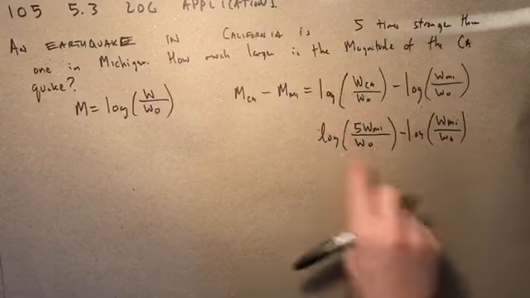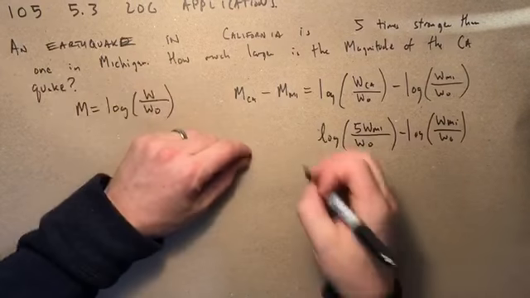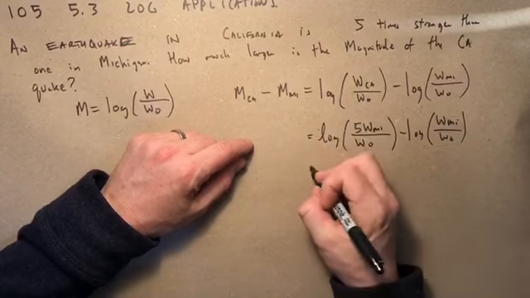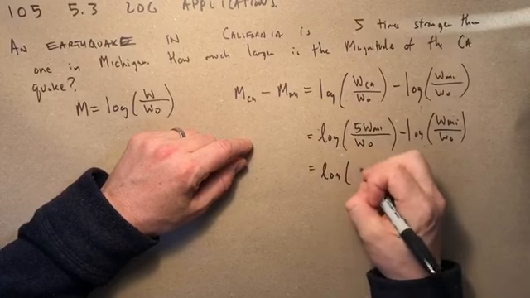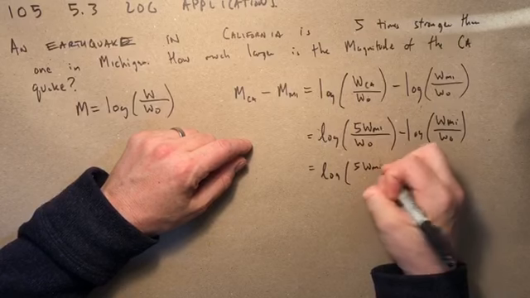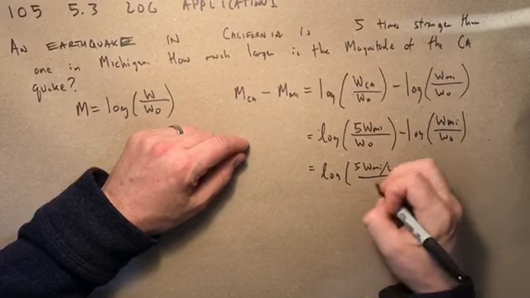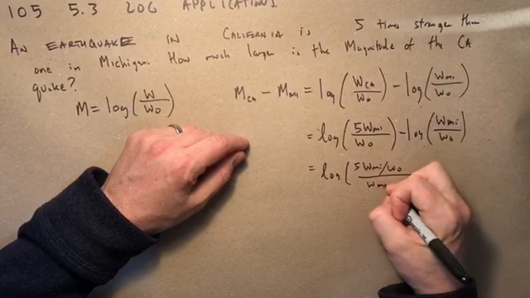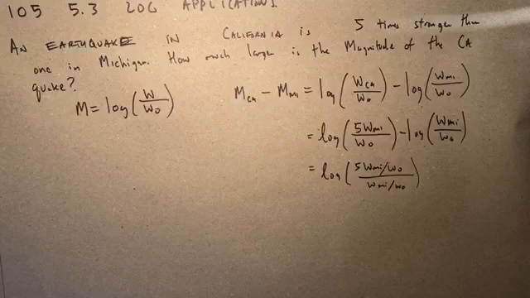So now that we have that, what can we do with it? I can certainly collapse these two logs, yes? And so we can say that we'll have the log of 5 times the strength of Michigan over W naught divided by the strength of Michigan divided by that benchmark value.